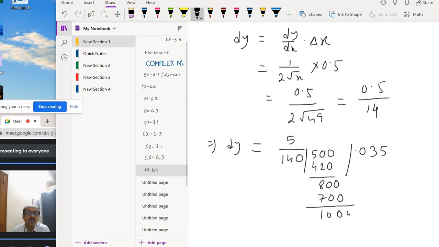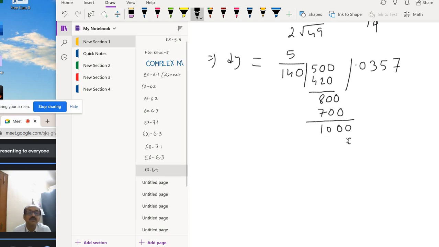Take one more 0. Now 7 into 14, 7 it will go, 980. So 20.